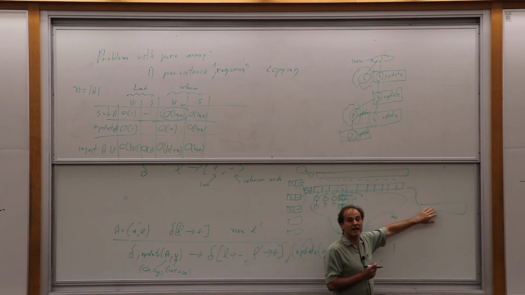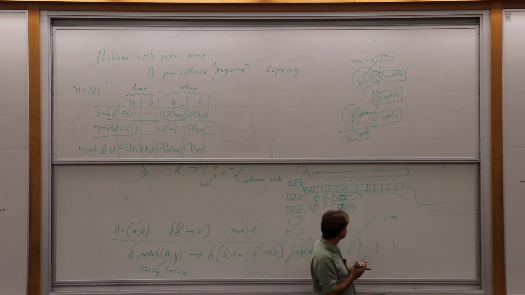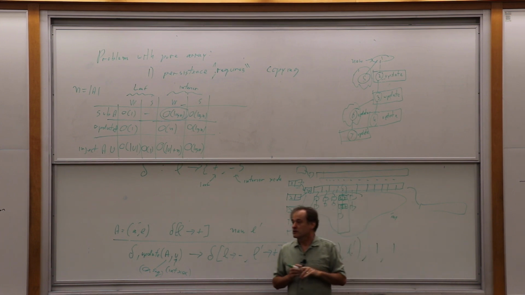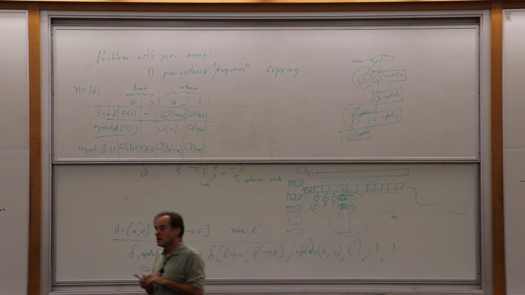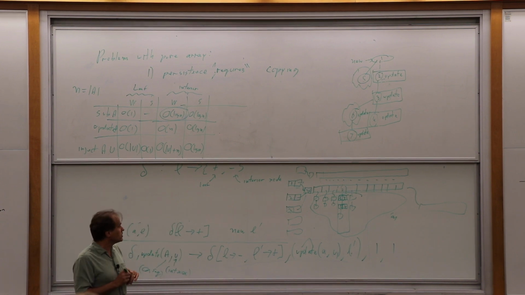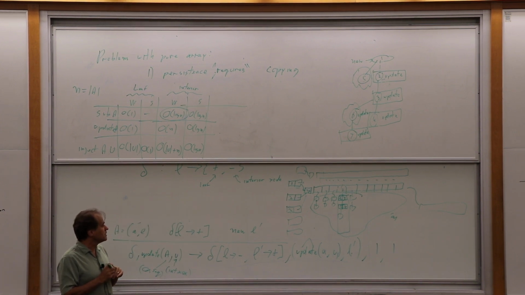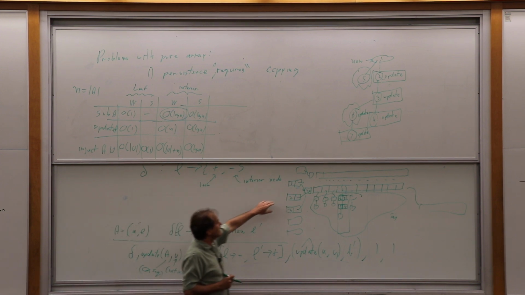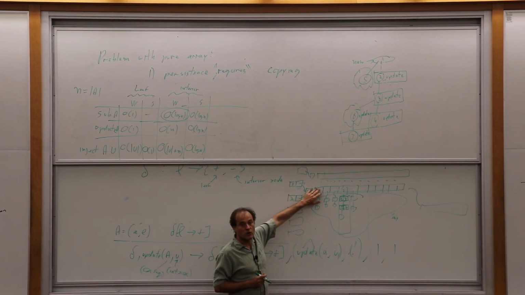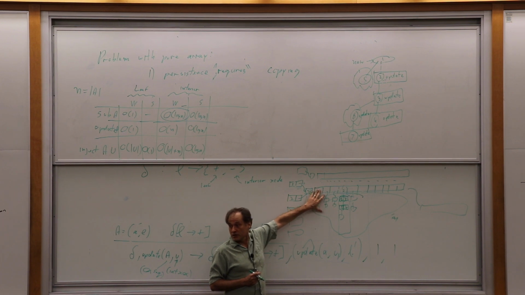Furthermore, this copy is parallel, and so we can do it in constant depth. You forget the history. What you're saying is you forget the history. If no one has a pointer to this array at all, then you can completely collect this.